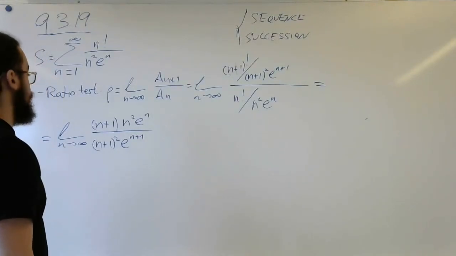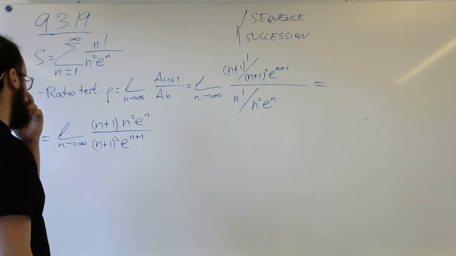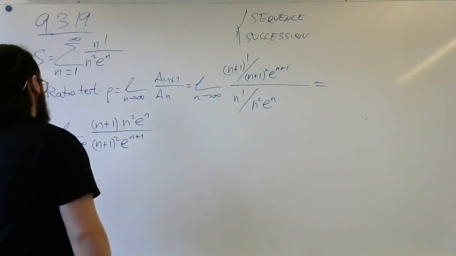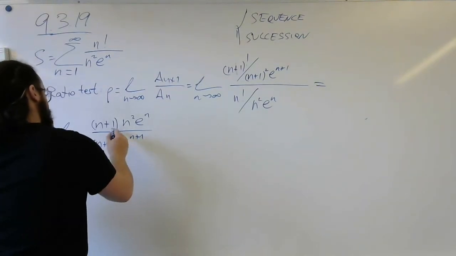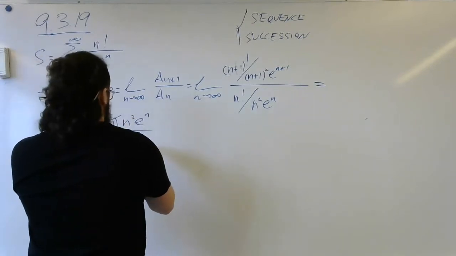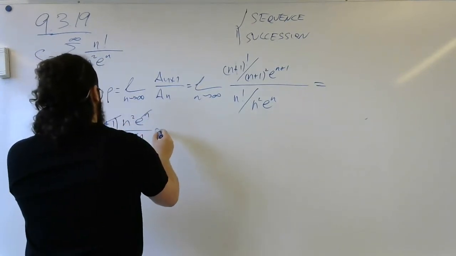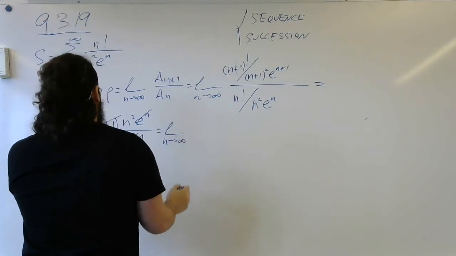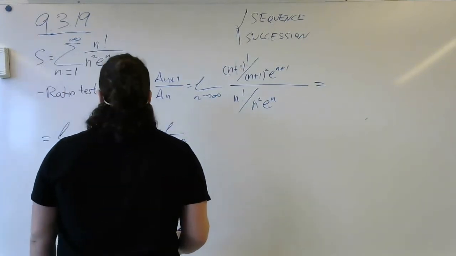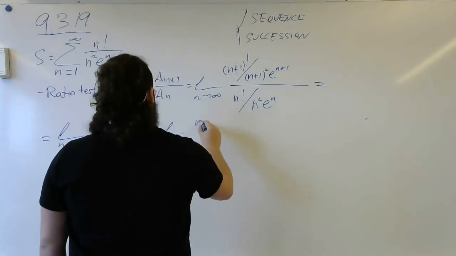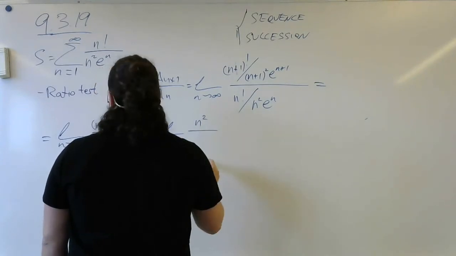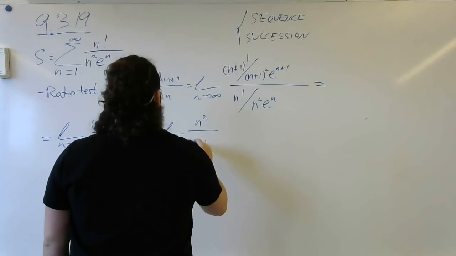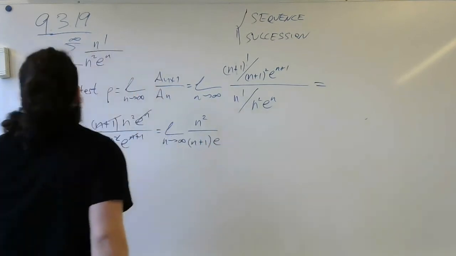Right? Correct. So this thing cancels here, and this thing cancels here. And so what we have is the limit when n tends to infinity of n squared over n plus 1 e.